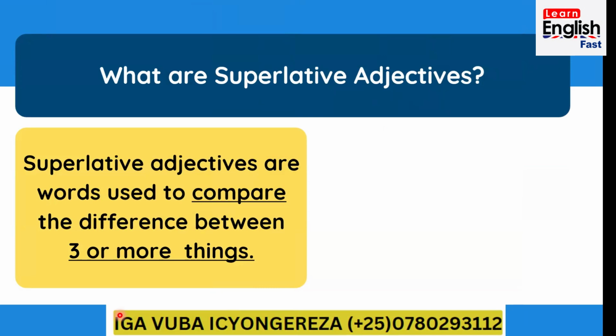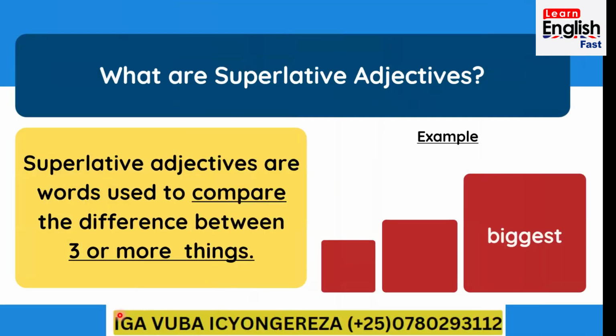Superlative adjectives are words used to compare the difference between two or more things. Ni amagambo dukoresha tugereranya ibintu bitatu cyangwa se birenze bitatu.